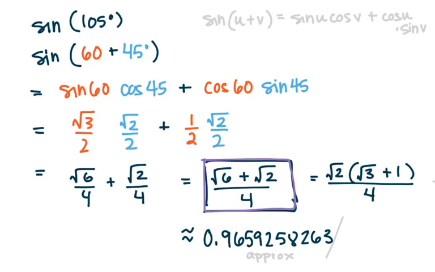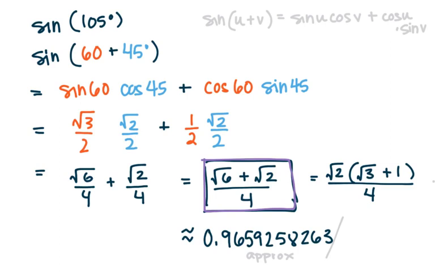Okay? Now you could check it. You could type sine of 105 in your calculator in degree mode, and you could type this expression in your calculator, and they should be equal. They should both give you exactly the same approximate decimal value.